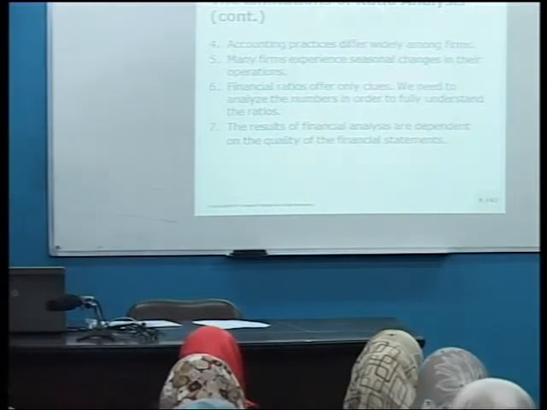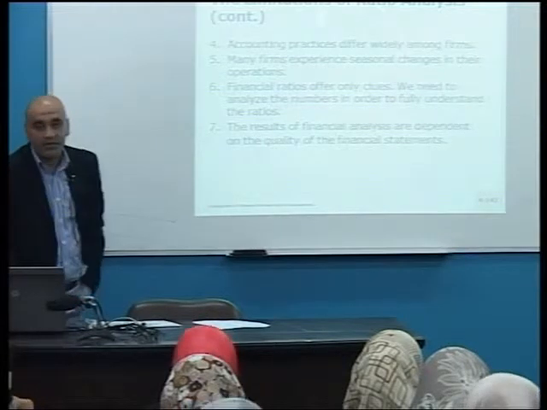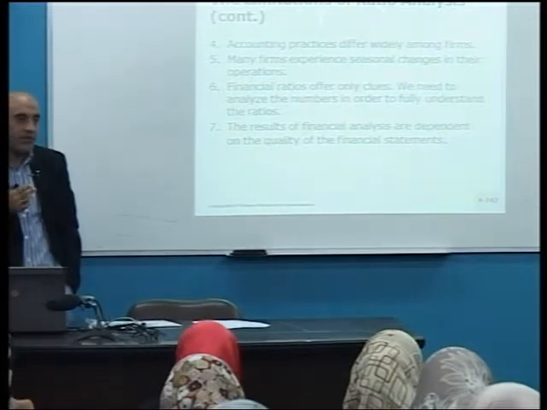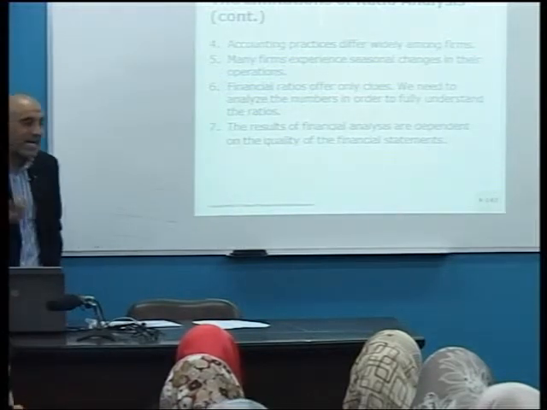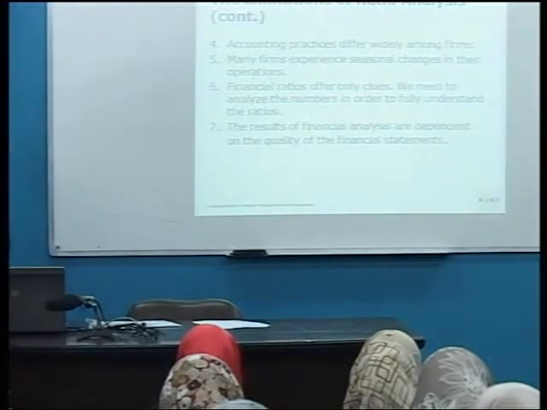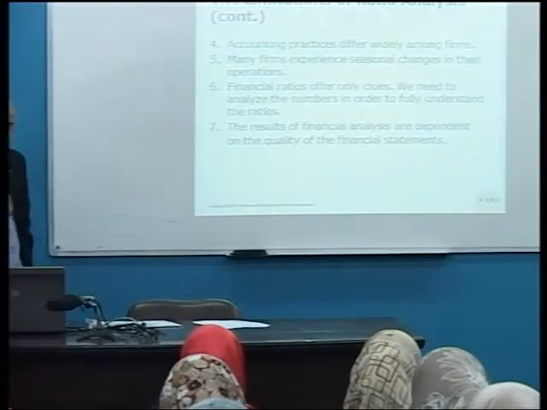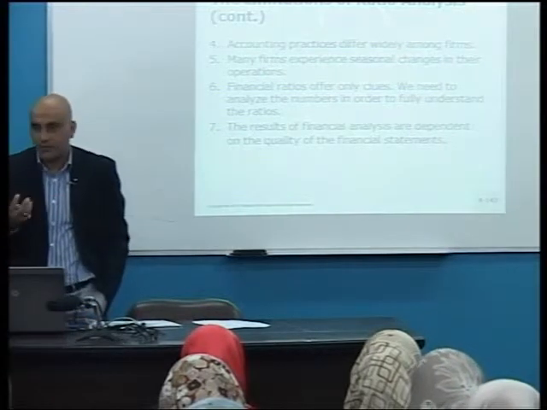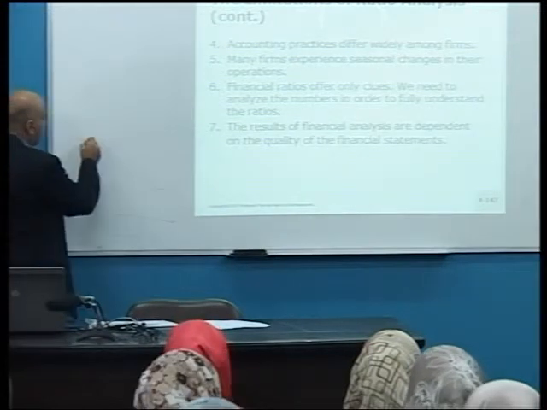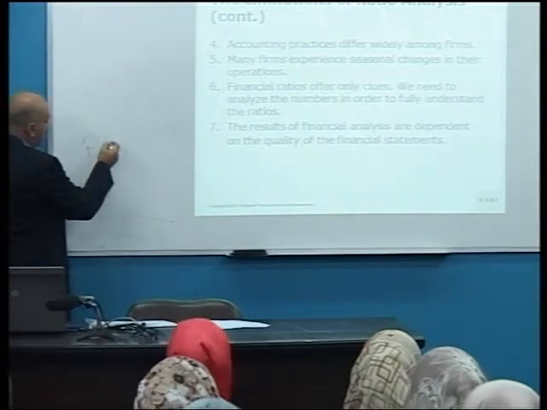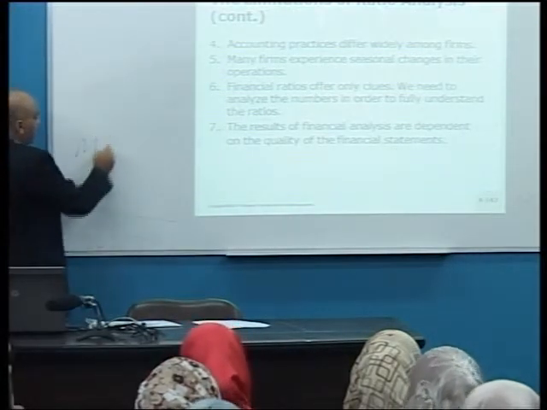Number 6, financial ratios offer only clues. We need to analyze the numbers in order to fully understand the ratios. Sometimes you have to read behind the figures. Figures are not giving you the accurate answer of the real financial situation of the business, because the financial ratios are static ratios. So, for instance, when you talk about the price, the PE ratio, or let's see market to book value, look at the market to book value here.